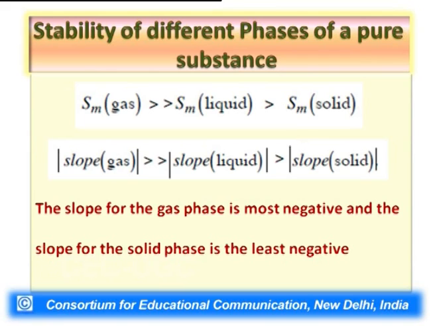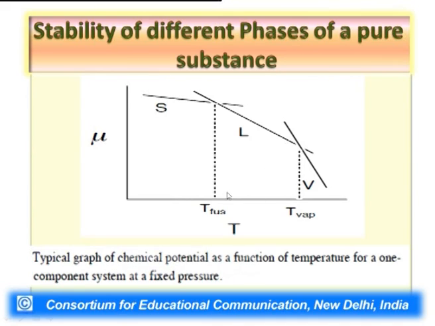Any curve which has negative slope would be tilted towards the y axis if there is a curve between y and x. Here we are dealing with a curve which is between mu and T. So, therefore, each of the curves would be tilted towards the mu axis, which here we can easily see.